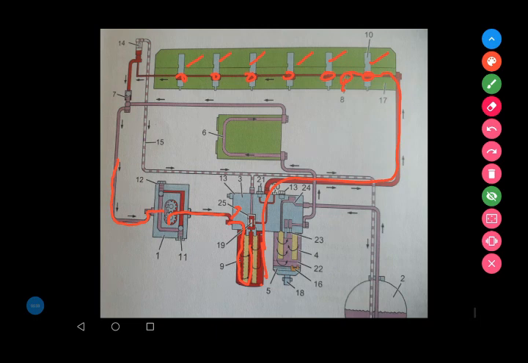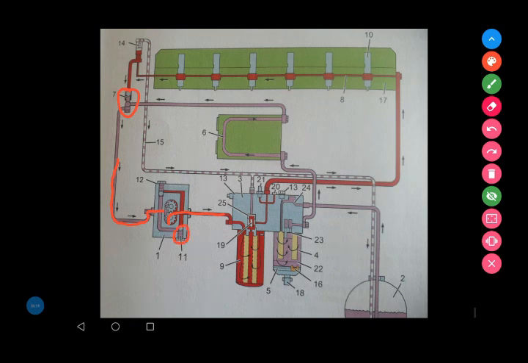Okay, so in this way our fuel is traveling through the whole system, and this high pressure fuel is controlled by the overflow valve. This overflow valve controls the pressure of this system.